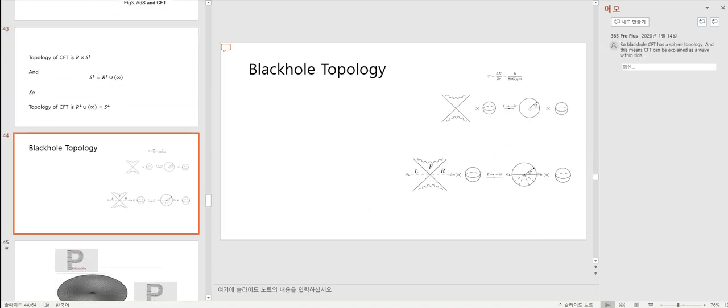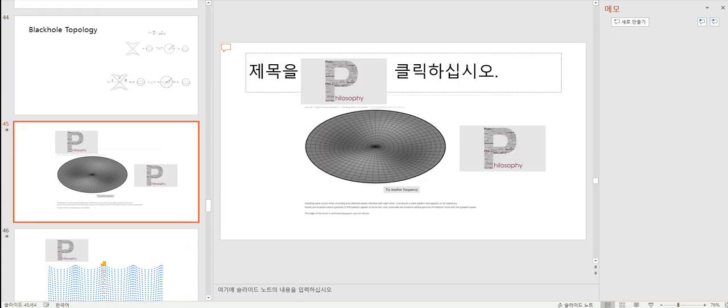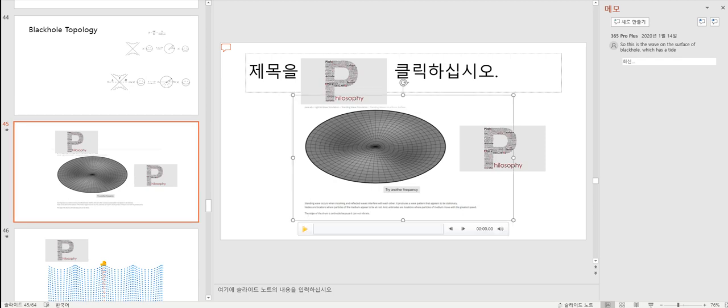So the black hole CFT has a sphere topology, and this means CFT can be explained as a wave with a tide. So this is the wave on the surface of the black hole, which has a tide.